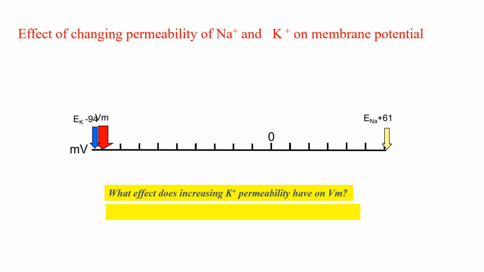It will become more negative. So what will happen with the changing of the permeability for the sodium? More of the sodium will diffuse to the inside of the cell. So the resting membrane potential will become more positive. So the permeability of sodium, potassium or any other ion which is responsible for producing resting membrane potential is a very important factor in influencing the resting membrane potential.